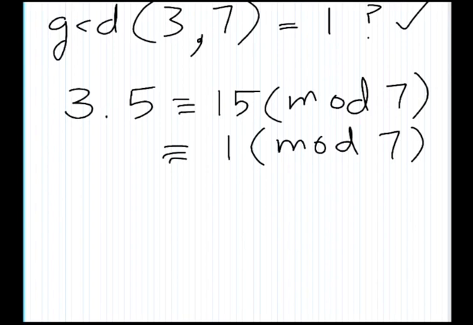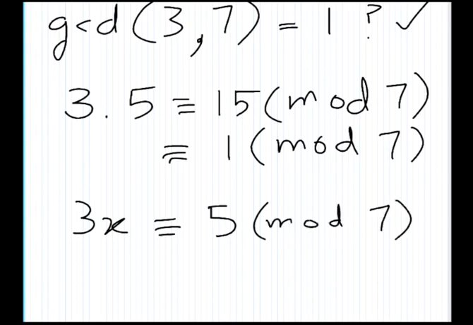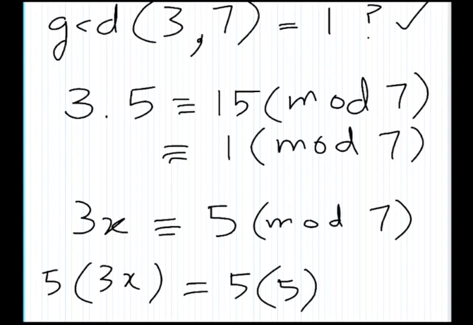Now what we do is multiply both sides by 5. Initially we had 3x congruent to 5 modulo 7. Now we multiply by 5 here and by 5 here, again modulo 7.